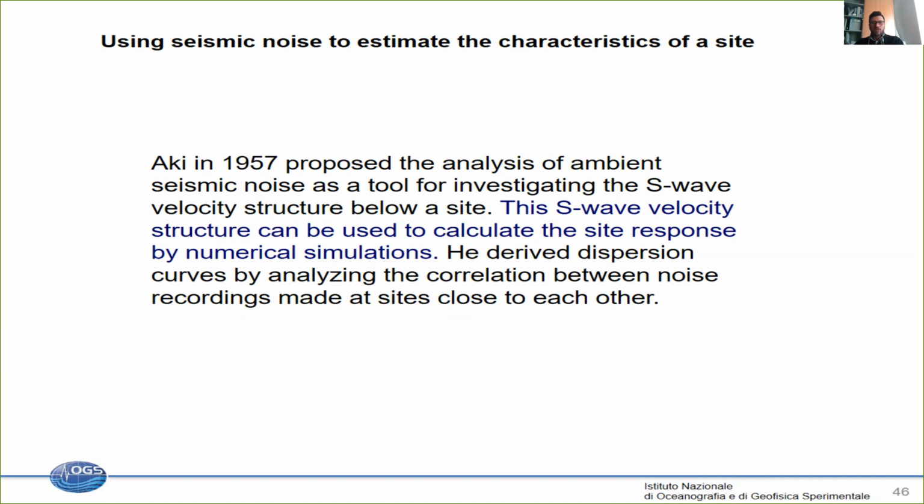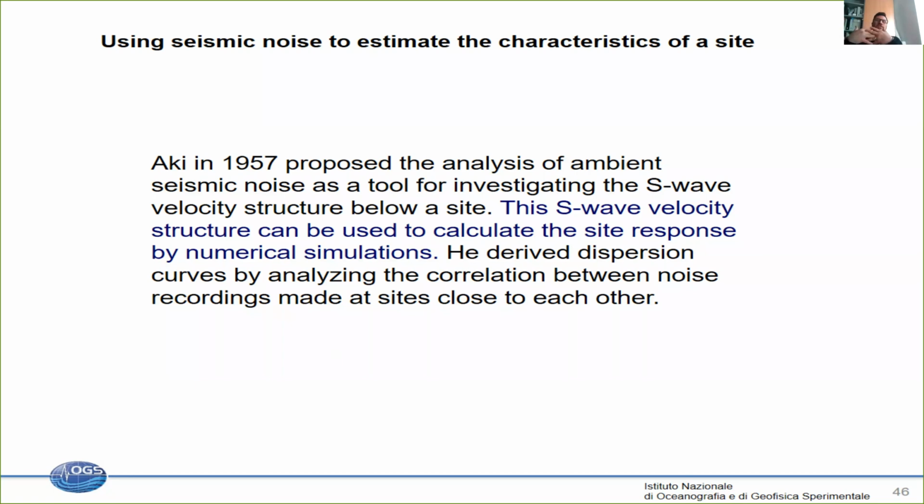So what did he do? He derived a dispersion curve, looking again at the correlation between noise recordings made at sites which are close to each other. Like we have seen before, he was using a sort of correlation of signals.